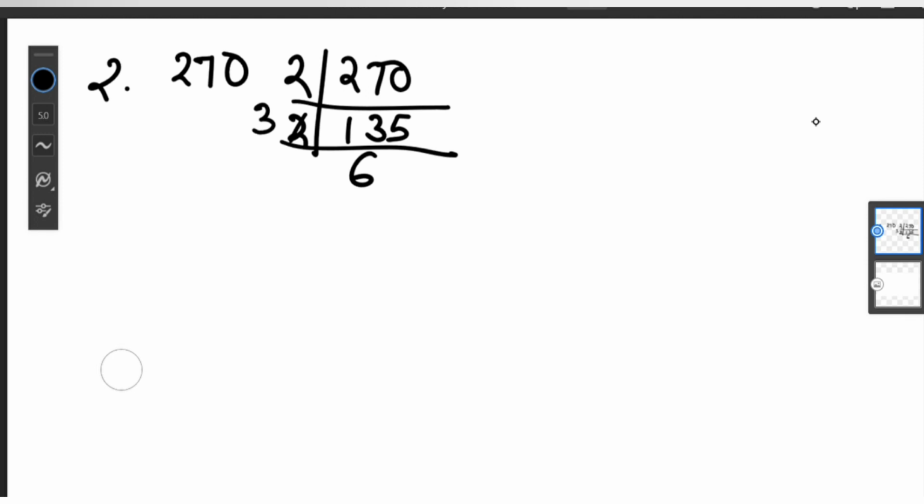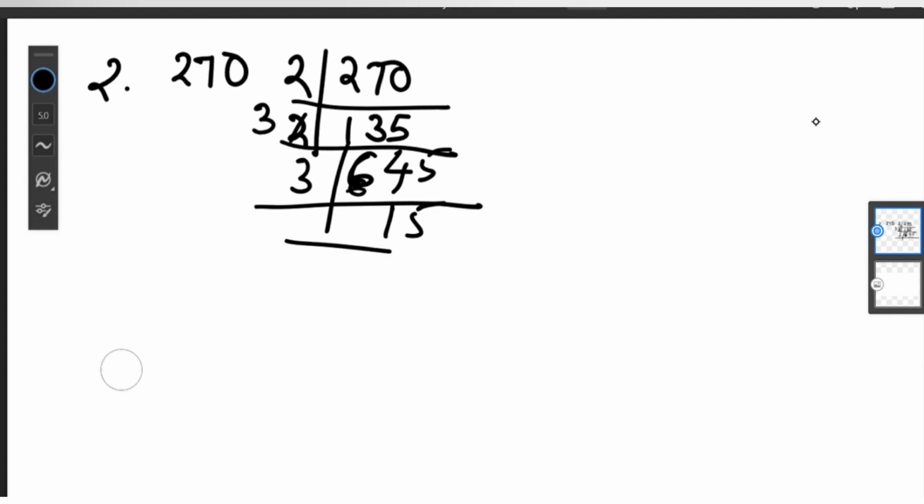Again 2, 6 time, 15 means how many times? So here not write 3. What we have to write here? If it is not divisible by 2, we have to write here as 3. So how many times 13 will be divisible by 3? 4 times. Then 15, 5 times.